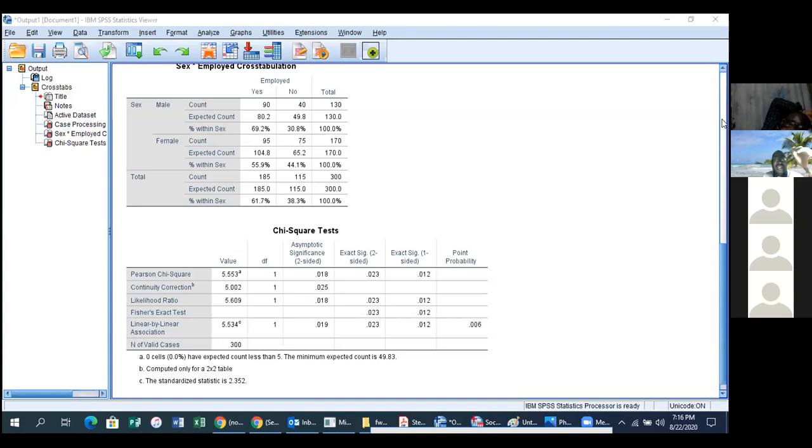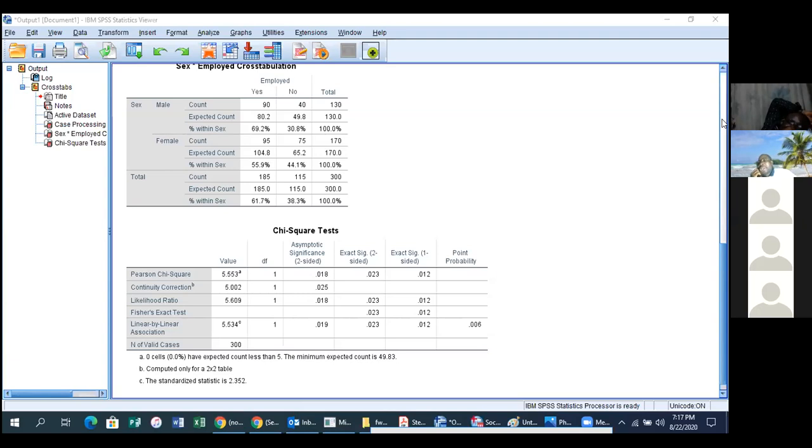If you subtract, you get about 13%. Is that difference seen by chance or not? That is what you are testing.